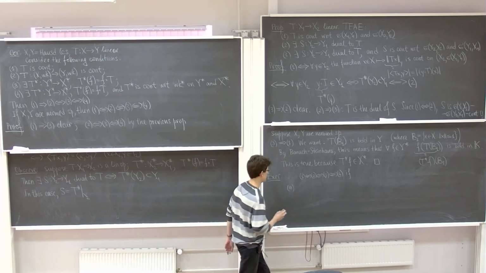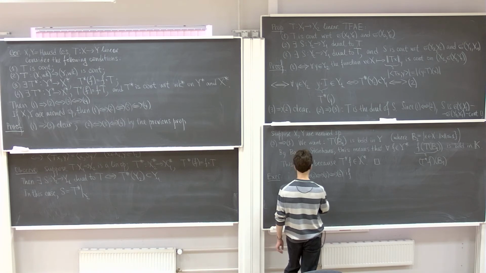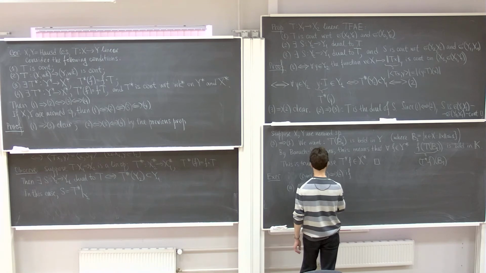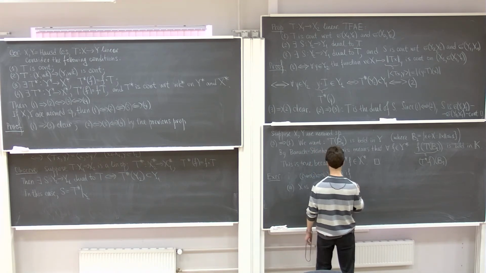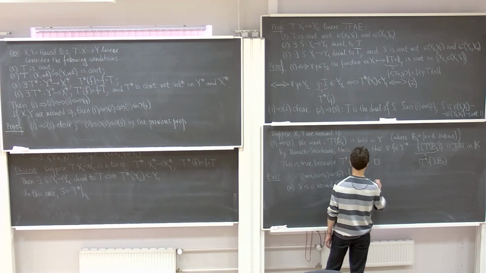Exercise A, they are equivalent if X is a normed space and Y is an arbitrary Hausdorff locally convex space. Actually, not necessarily Hausdorff. Y is any locally convex space.